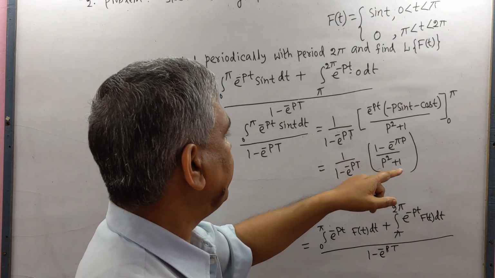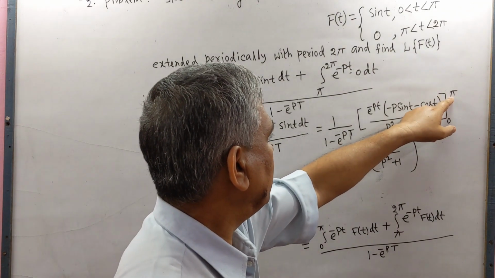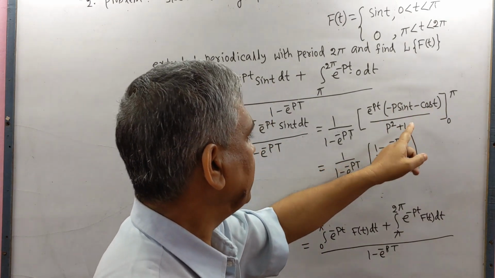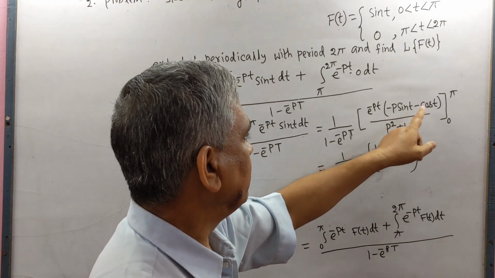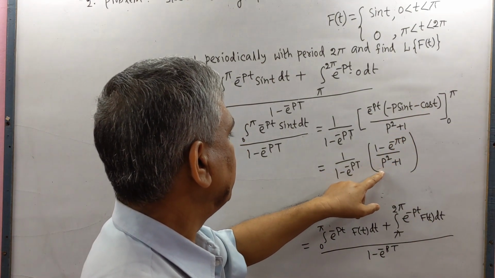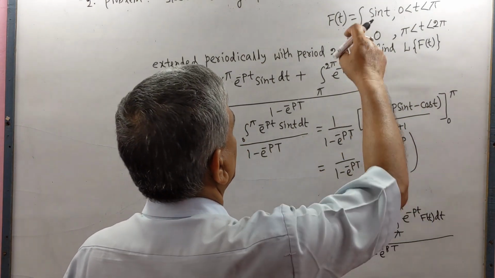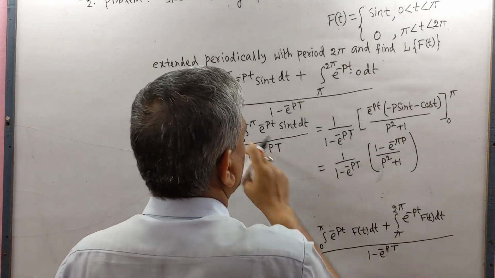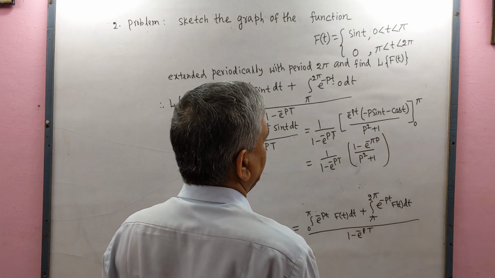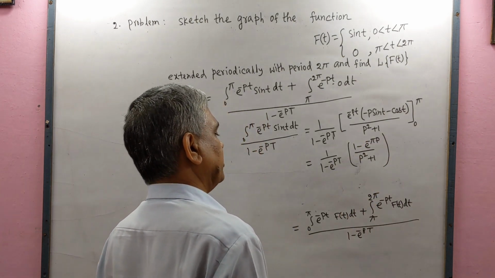So if we put the value of t first pi, then minus the value at t equal to 0, we get this result. So L{f(t)} equal to 1 by 1 minus e to the power minus 2 pi p, times 1 plus e to the power minus pi p by p square plus 1.